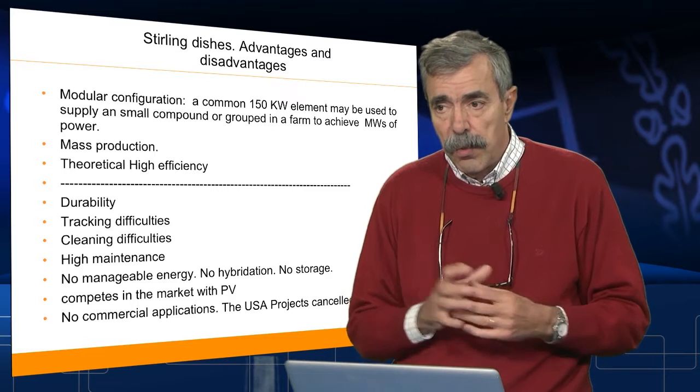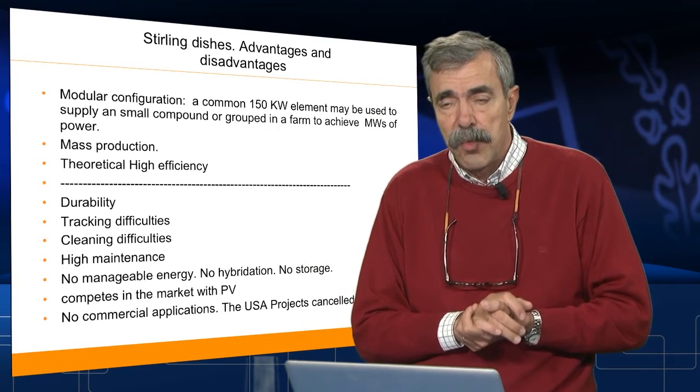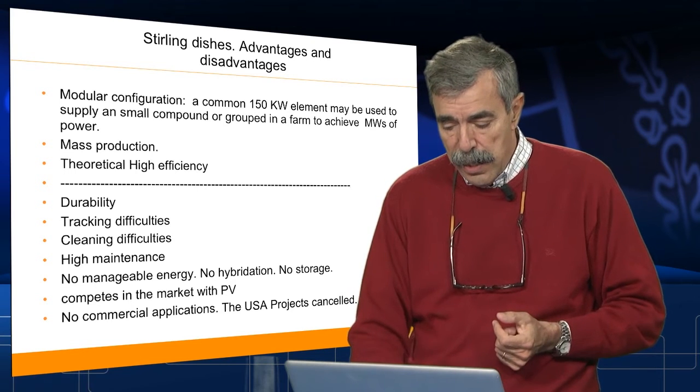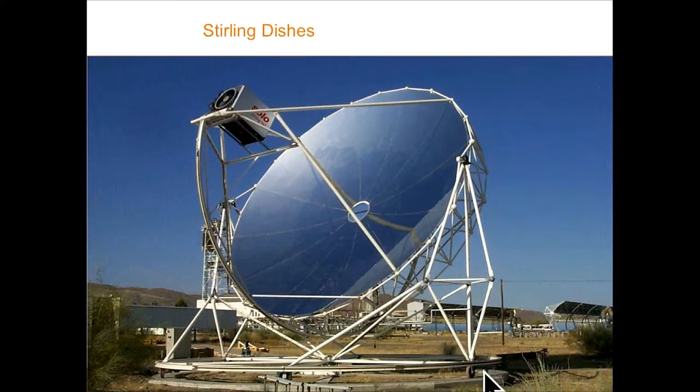The other issue is that obviously you need to be very precise in tracking the sun. And looking at that picture, I don't think that kind of wheels moving on the concrete are the best devices to produce a very accurate movement.